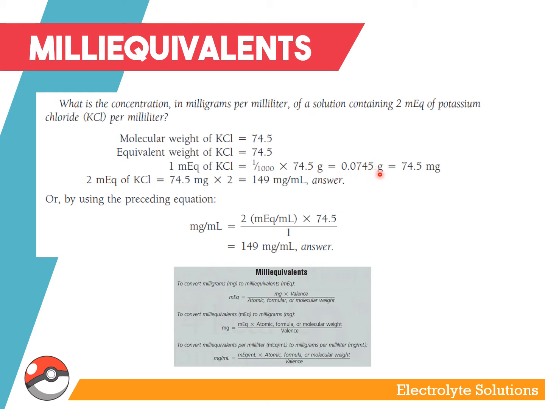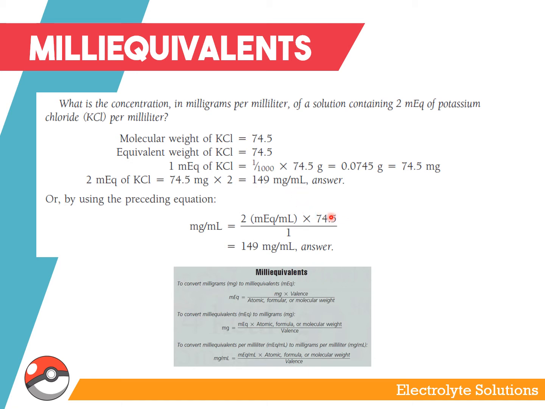Since this is in decimal form, we can convert it to milligrams to be more workable. So 1 MEq of KCl is equal to 74.5 milligrams. Since there are two milliequivalents being asked, we multiply this by 2, so we'll have 149 milligrams per ml.